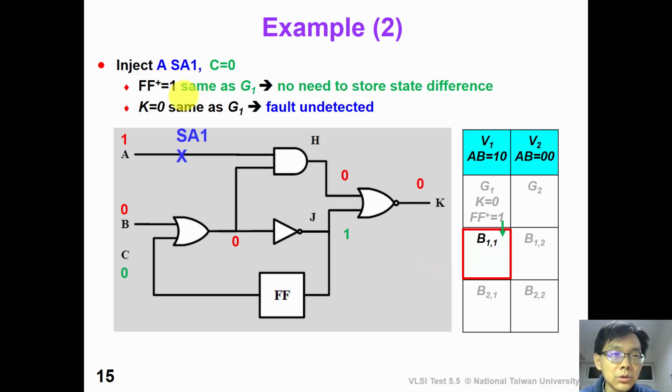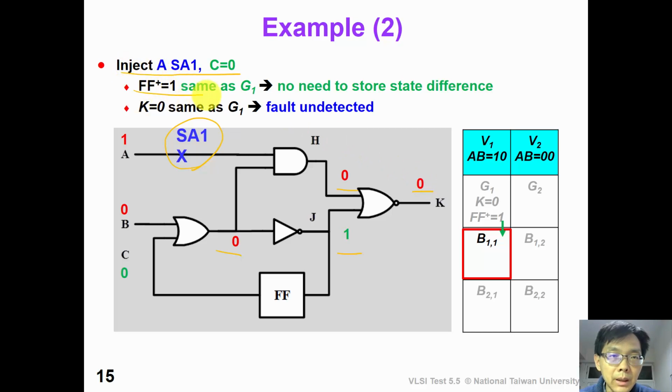Now let's inject the first fault, A stuck at 1 fault, into the circuit. Because this fault does not create any new event, there is actually no event going on in this simulation.